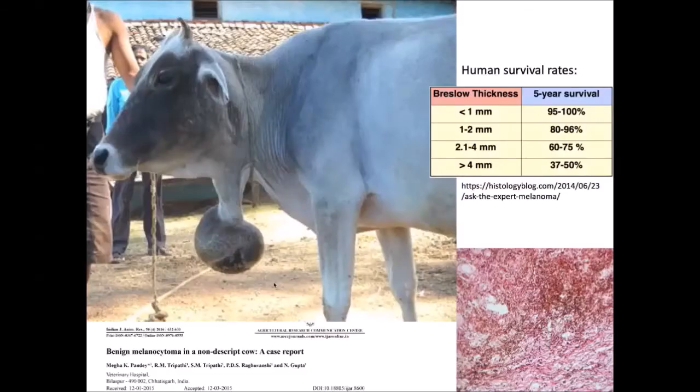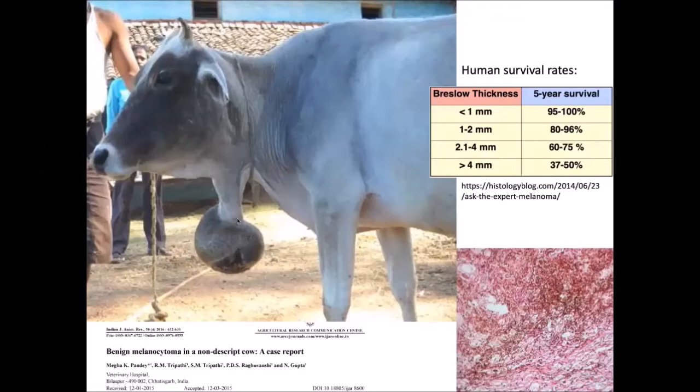Just to make this very clear, here we have an example of an Indian cow that has a quite substantial melanocytoma, but otherwise the cow is healthy and doesn't show any secondary tumors. So this cow certainly has a tumor, about 2 kilograms, but is entirely unaffected other than the weight that it carries up here at its neck.